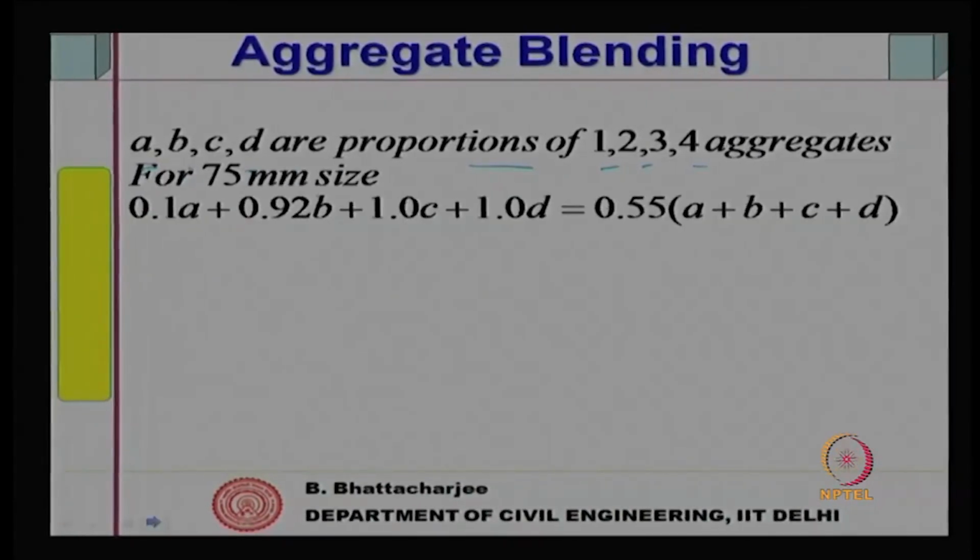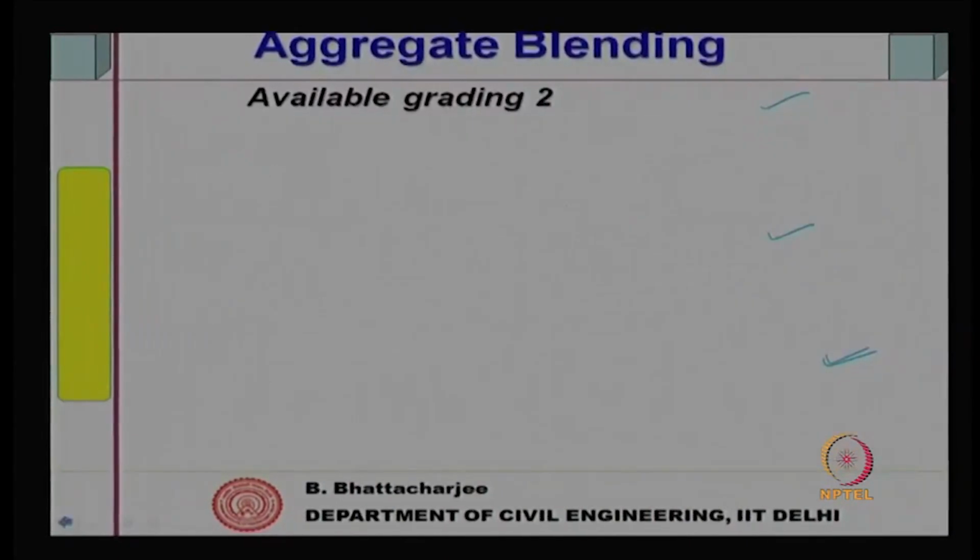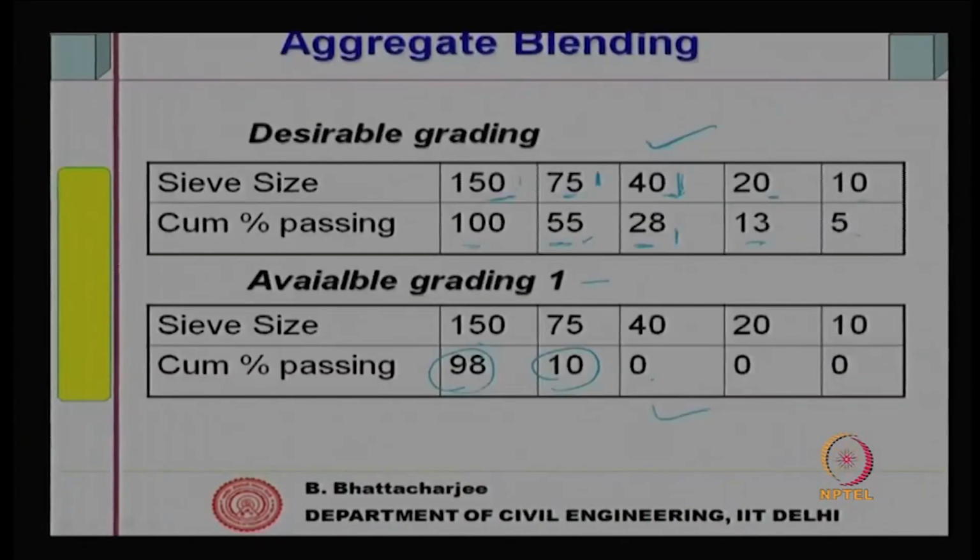Then at 75 mm size, if you look at the first one, only 10% passes the 75 mm sieve. So, if I take A amount of aggregate 1, A multiplied by 0.1 will be the quantity of 75 mm passing available to me.